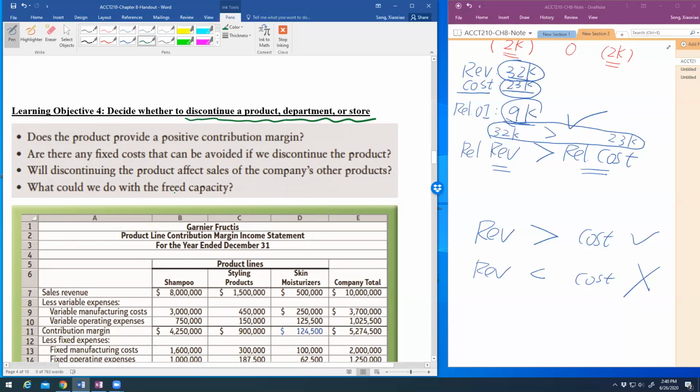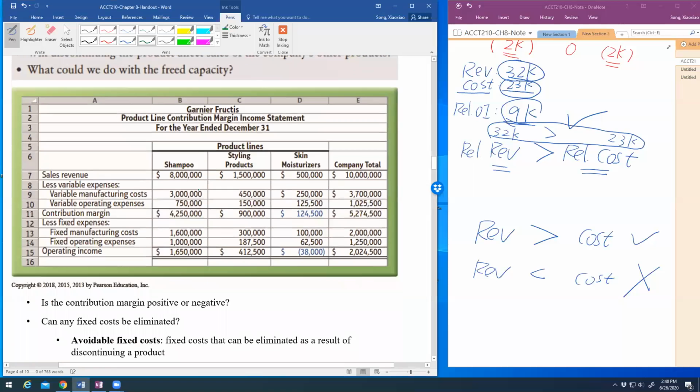Look at this example first. You have 3 products: shampoo, styling, and skin. So we look at the total operating income.